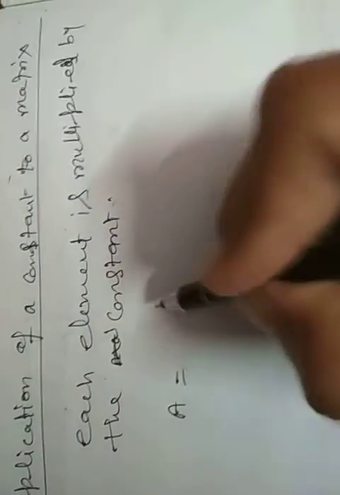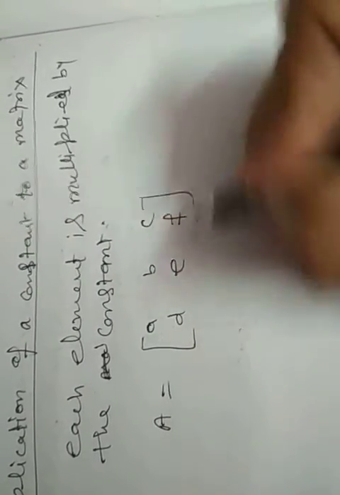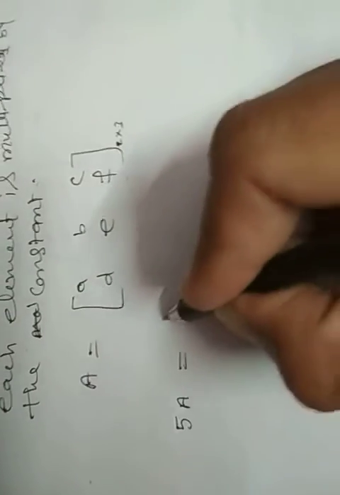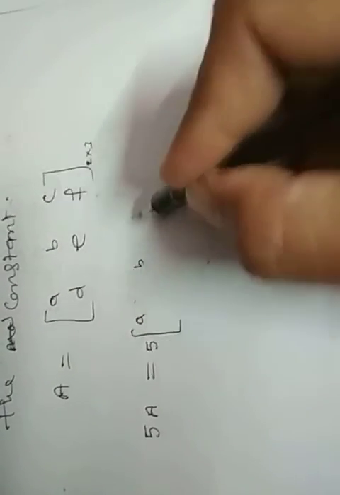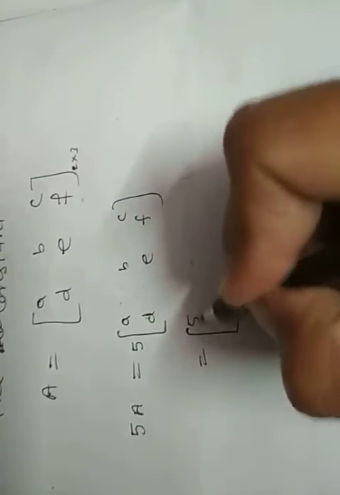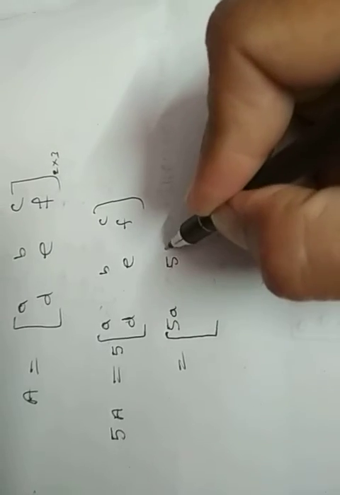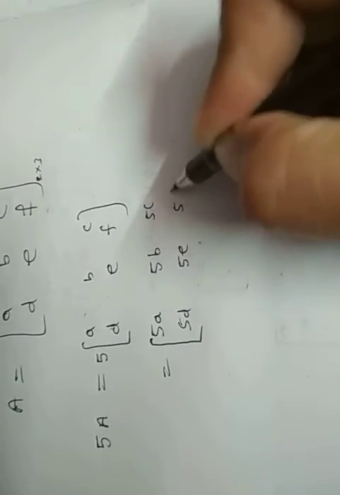See, let matrix A be a, b, c, d, e, f. This is a 2 by 3 order matrix in which there are 2 rows and 3 columns. Order we can write outside the matrix in small numbers, and we have to find 5A. 5A means each of the elements will be multiplied by this 5 times a, b, c, d, e, f, and inside the matrix we will multiply each element by this constant: 5a, 5b, 5c, 5d, 5e, 5f.